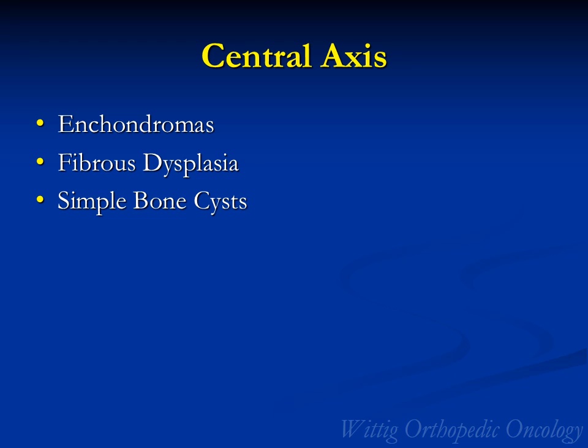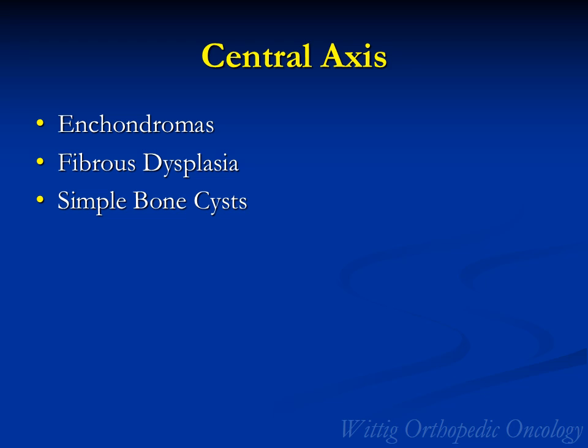So now I'm just going to go over some various lists of tumors that you basically need to memorize, and memorize where these tumors occur within the bone, and I'll also show you various examples of them. So tumors that occur along the central axis of the bone include enchondromas, fibrous dysplasia, and simple bone cysts.